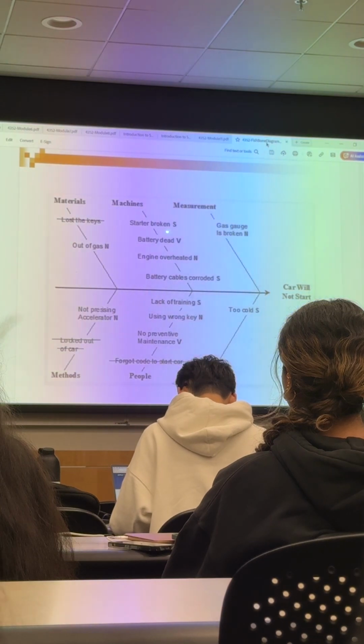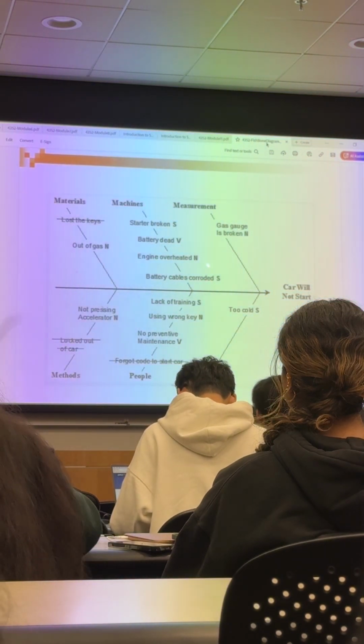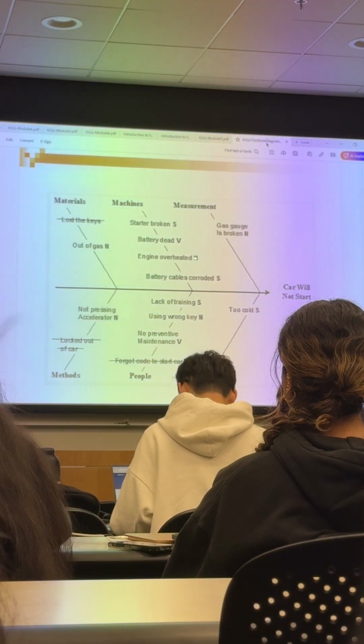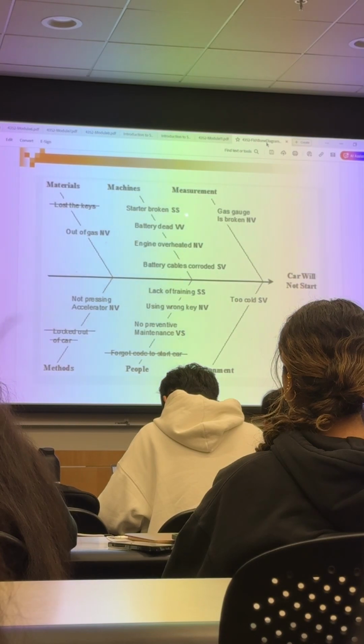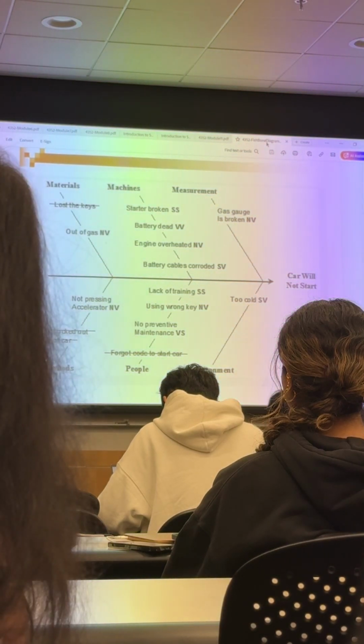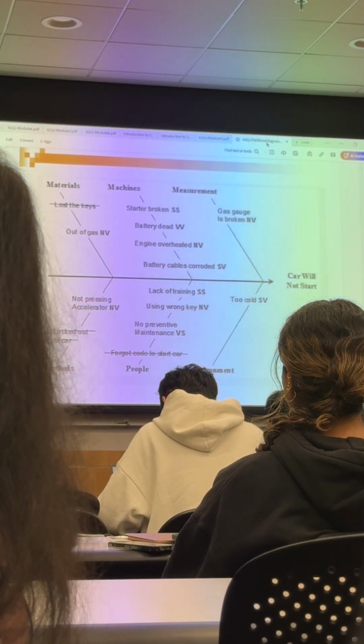Then adding weighting for how likely, that is the second weighting. Somewhat likely, very likely, not likely. And then the last one is how easy it is to verify. And then your goal is to start with the very likely and very easy to verify. We start with these and then we go to the next, and then we will implement solutions and try to solve the problems of the system. Okay. So this is called the fishbone diagram.